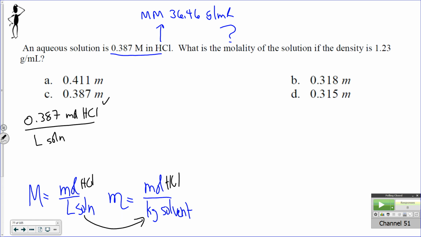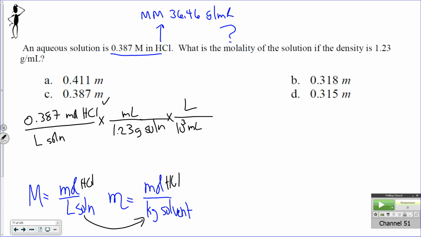So it tells me the density of the solution is 1.23 grams of solution per milliliter. And then I've got a milliliters to liters mismatch, so I need to get those in a common unit.